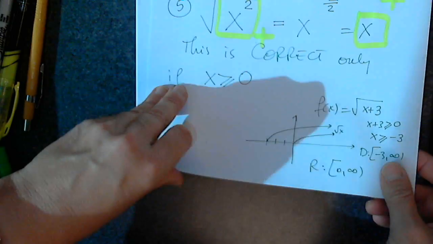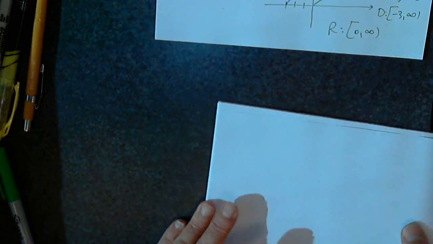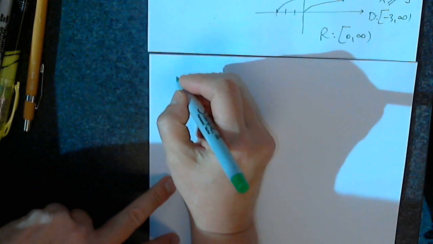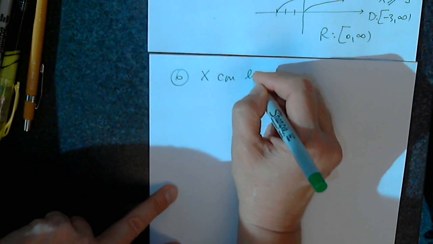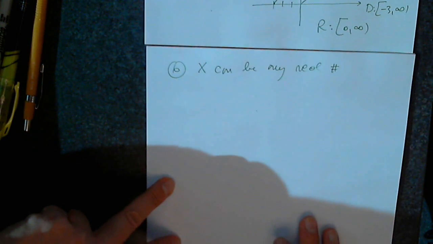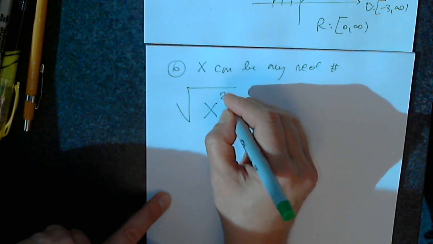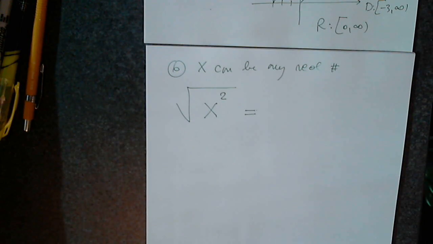Therefore, rule 6: when I'm told x can be any real number, and I'm asked to find the square root of x squared, I can no longer write x.